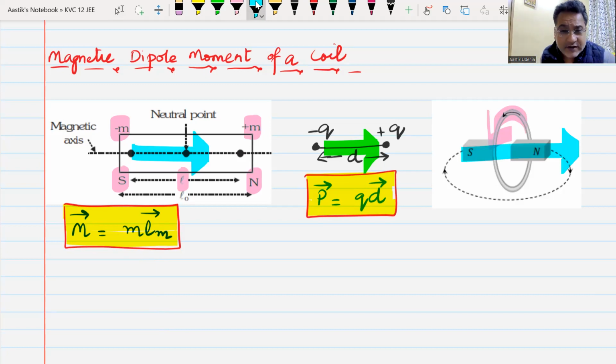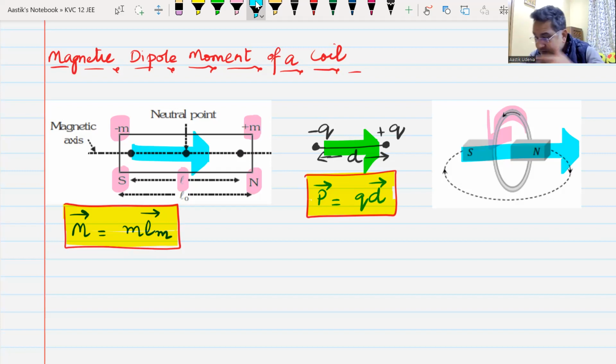So wherever you have a current carrying coil and you turn your fingers in the direction of current, the direction of thumb gives you the direction of magnetic field. If you consider this coil as a bar magnet, this thumb will give you the direction of the north pole of the magnet.